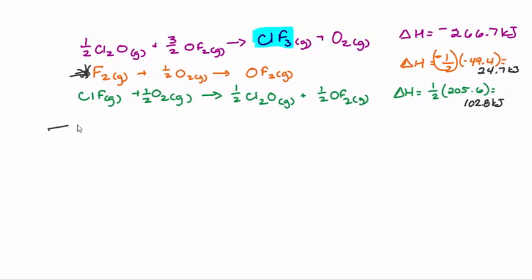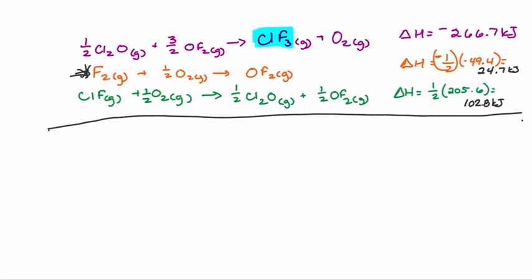So when we go to add this up, it's going to look a little bit hairy, but just stick with it. So I'm going to write down all of my reactants.